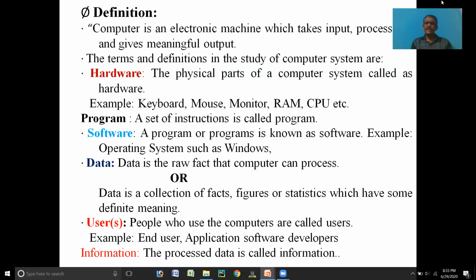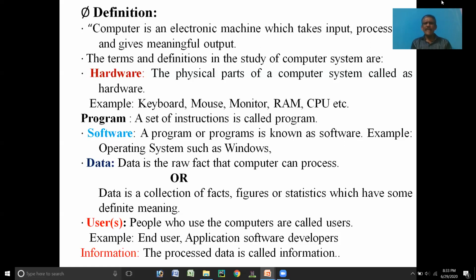The next term is user. The people who use the computers are called users. For example, end users, programmers, database designers, database administrators, system analysts.